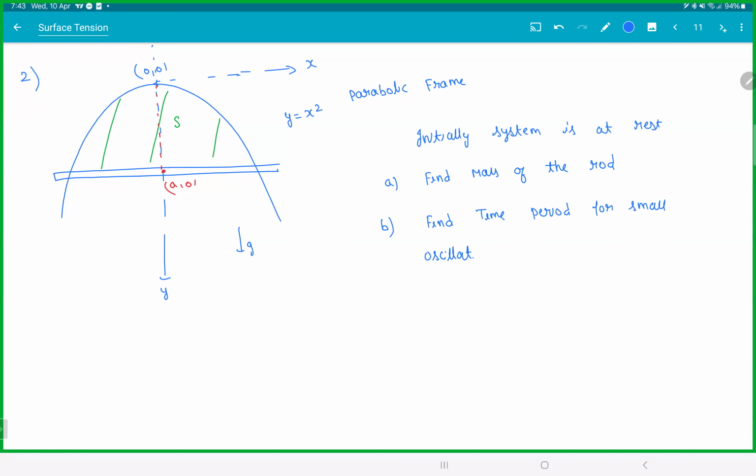Same thing, instead of a V-shaped frame, I made a parabola now. Third question, a block of mass m is attached to the rod. You took a block of mass m with a hook and attached it to the rod suddenly. Find the maximum distance the rod moves downward.